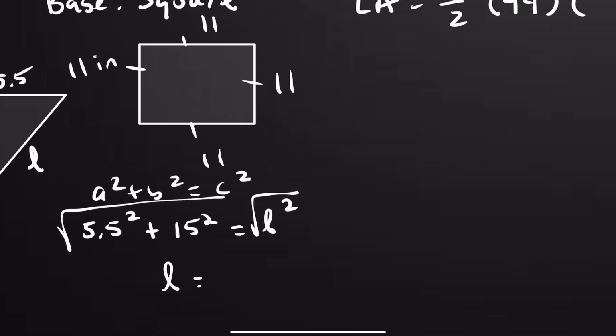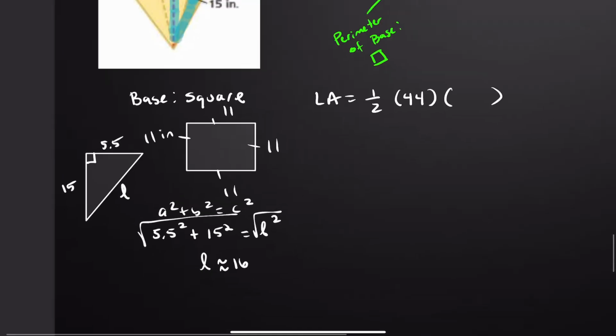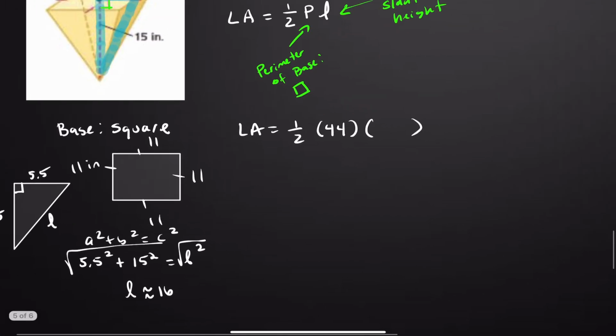So the slant height is going to be approximately 16. Okay, so I will put 16 right here, and then I'm going to proceed to multiply everything. So that's going to be 352 square inches.